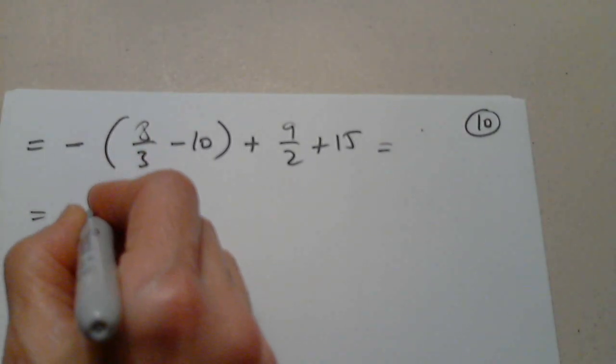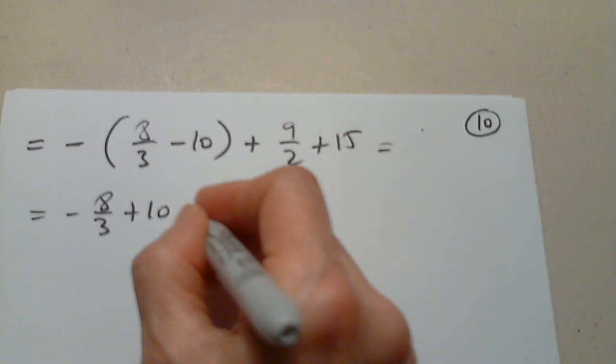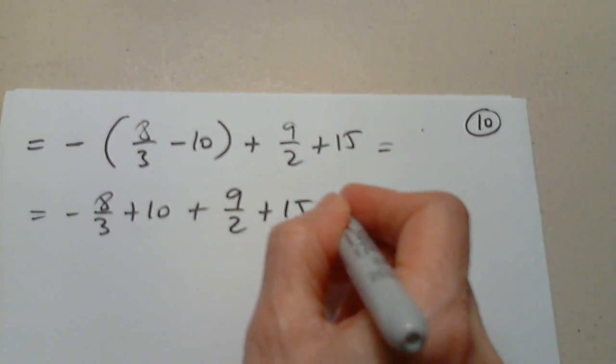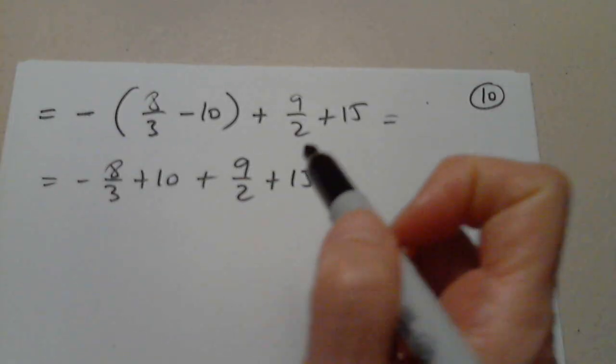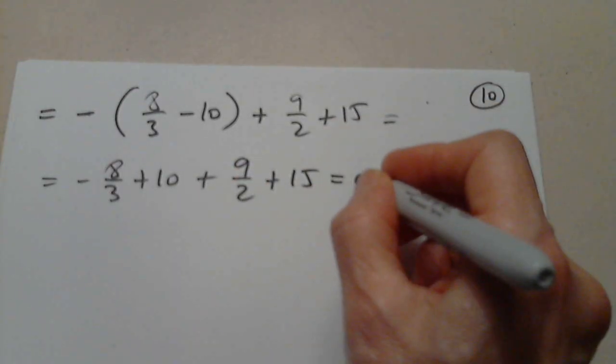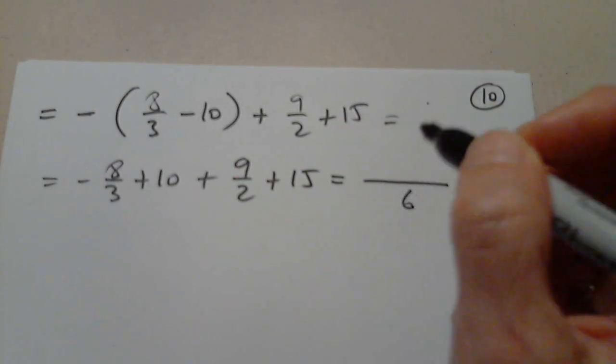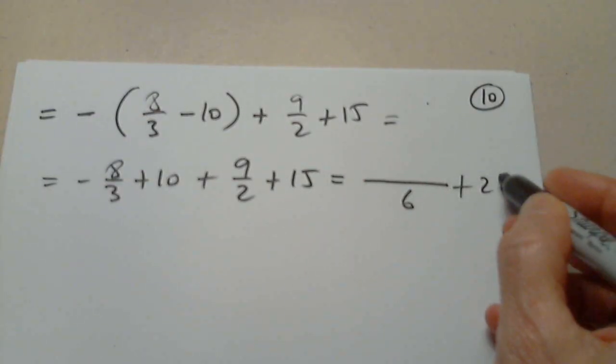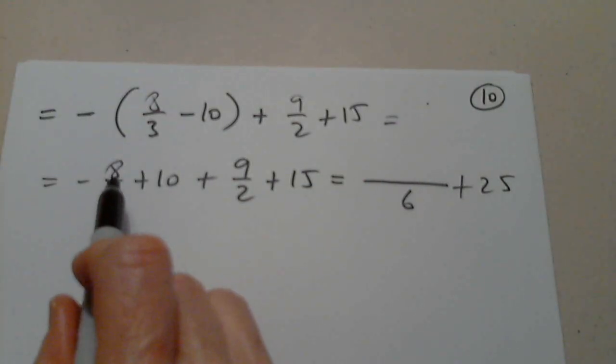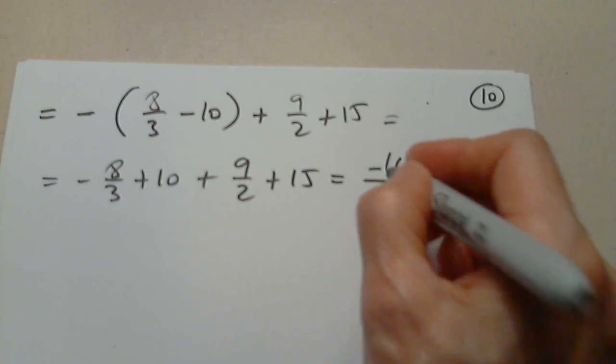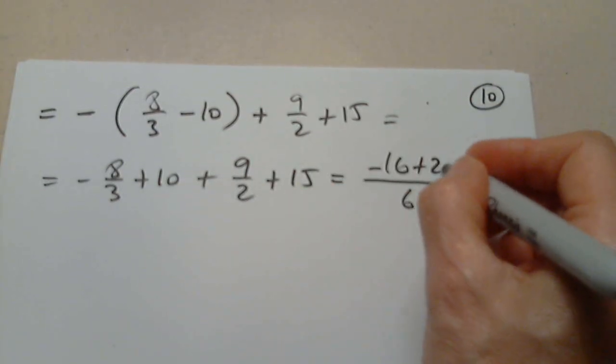So -8/3 plus 10 plus 9/2 plus 15. The least common denominator is 6. And this is 25. So this needs a 2, -16 and plus 27.